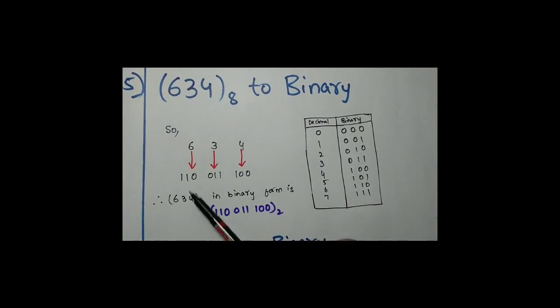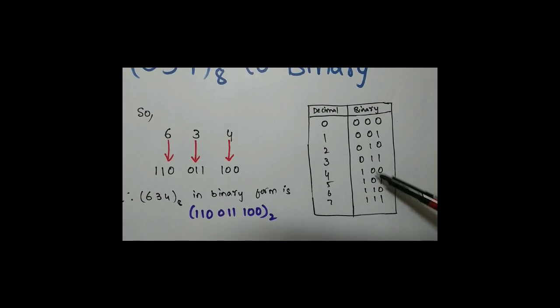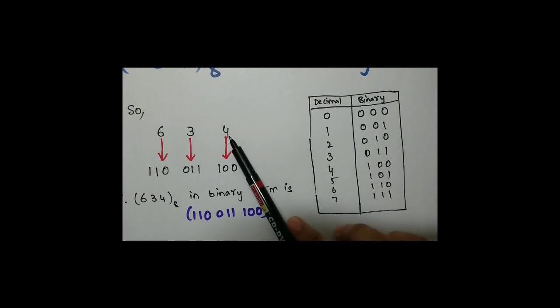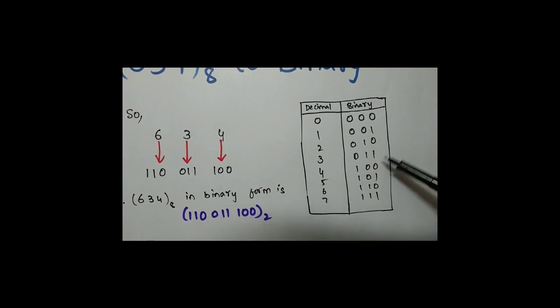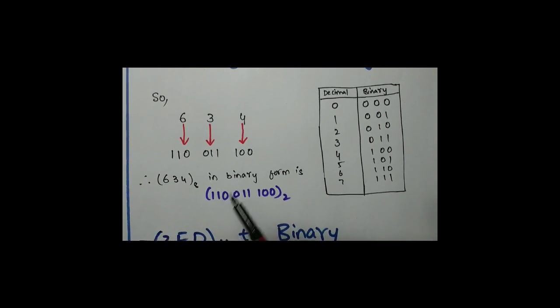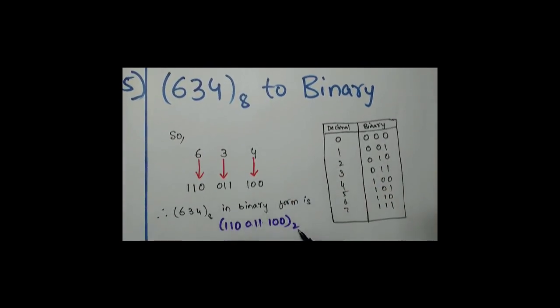The binary value for 6 is 110, for 3 is 011, and for 4 is 100. So we represent it as 110, 011, 100 to the base 2. So we converted the octal into binary.